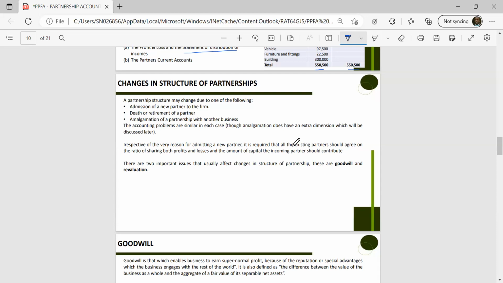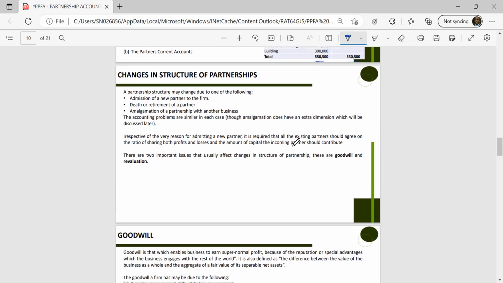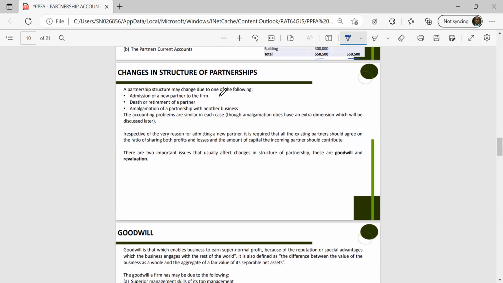So a partnership structure may change due to one of the following reasons. Number one is admission of a new partner. It might change because we started the business with Ayo and Motun, and Robert or Caroline came along the line and said we want to bring in a new partner. It might even be that we actually needed cash.